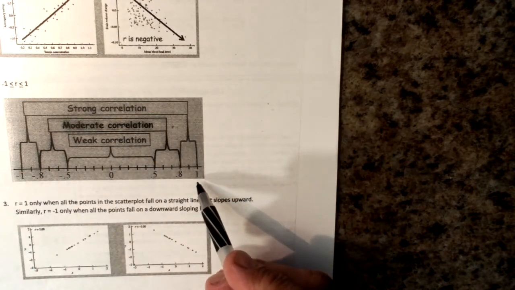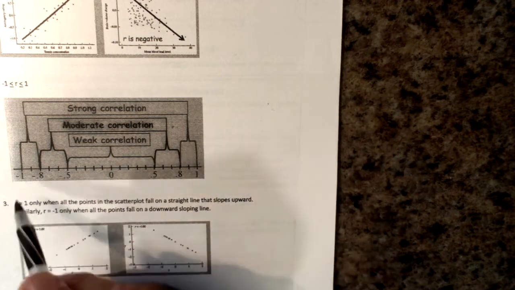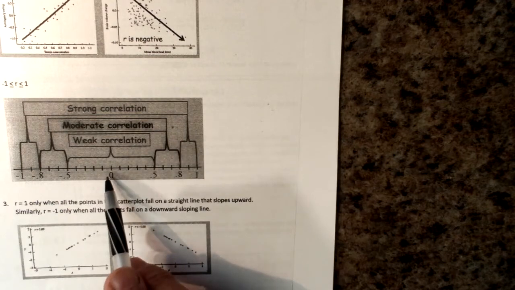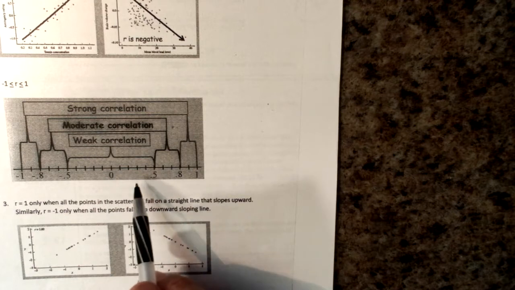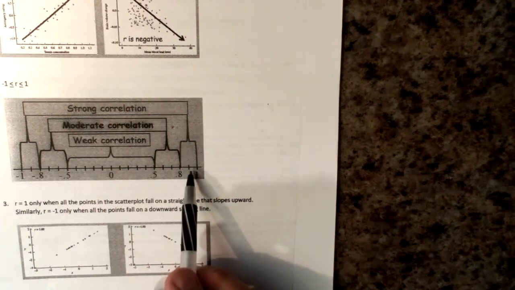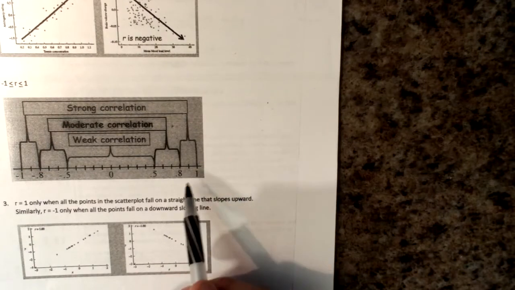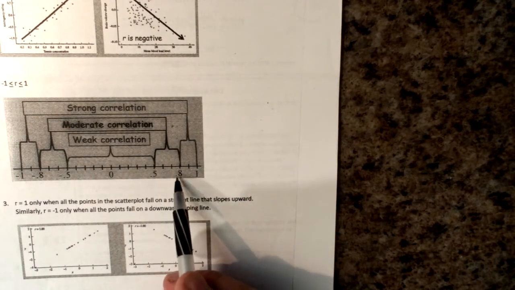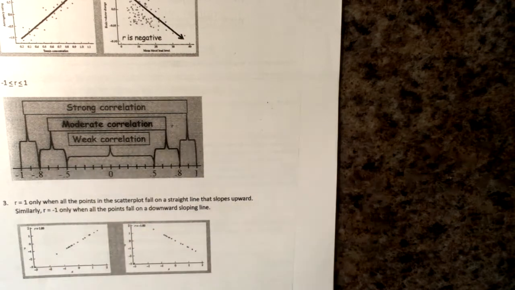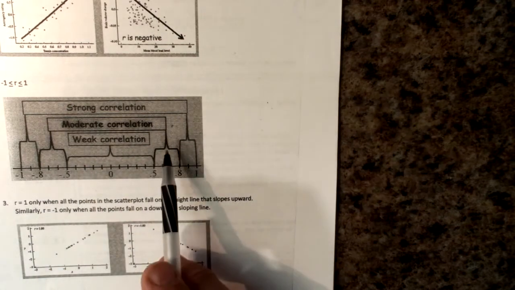If R is 1, or 100%, you have a very strong correlation, and if R is -1, it also means you have a very strong correlation. If R is 0, you have absolutely no correlation. As you go to the right, correlation becomes stronger. If your value is between 0.5 and 0.8, or -0.5 and -0.8, then you say you have a moderate correlation.